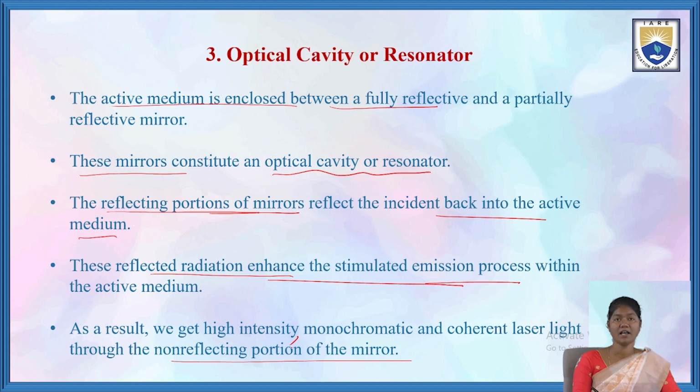As a result, we get high intensity, monochromatic and coherent laser light through the partially reflecting portion of the mirror.